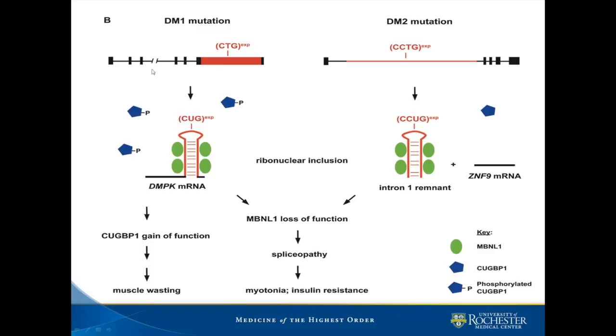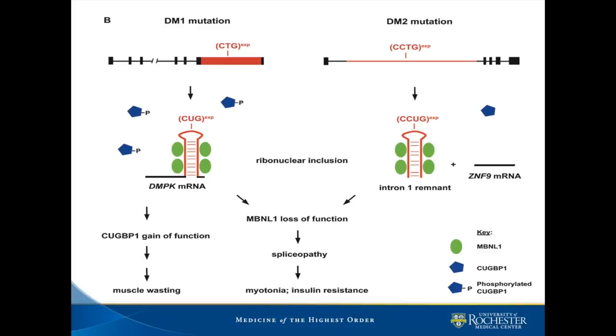Now, in both myotonic dystrophy type 1 and type 2, these repeat expansions can form what they call hairpin loops. They can loop around, and it's this normal loop structure. The physics of this lodges it in the nucleus, like you saw a couple of slides back.